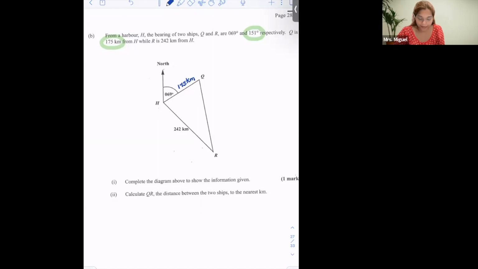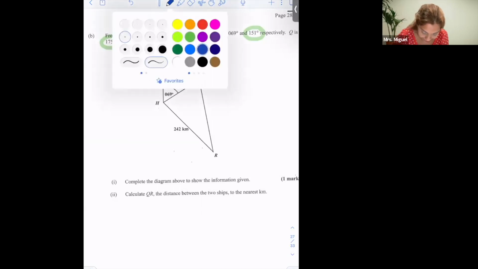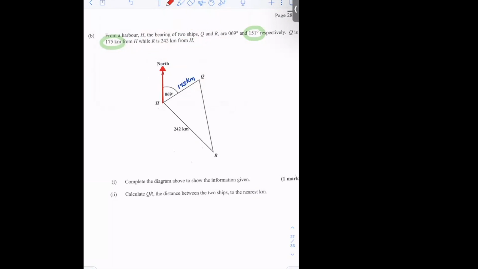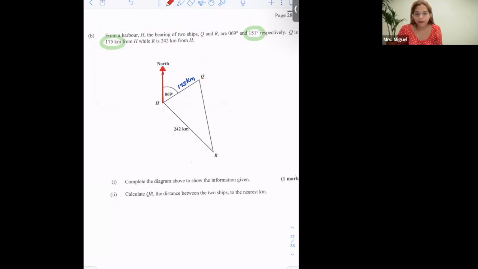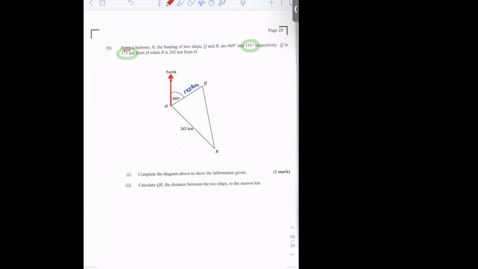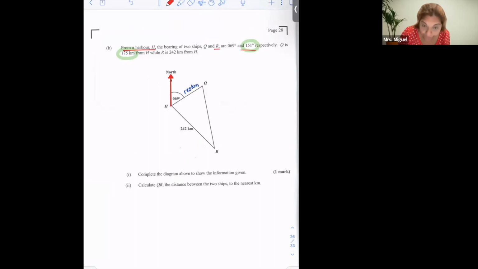Where do I measure bearings? From which line? Bearings are measured from the north line. Do you all remember that from yesterday? Yes, miss. So from the north line, the bearing of R from H is 151.